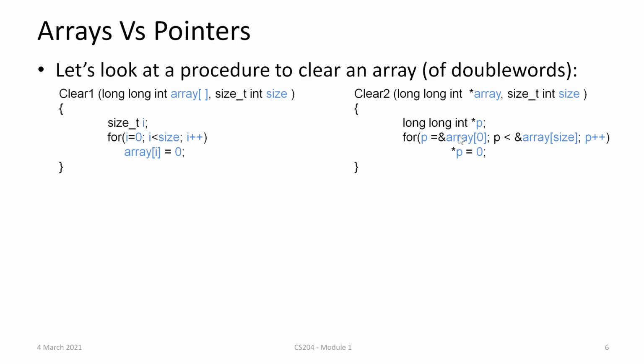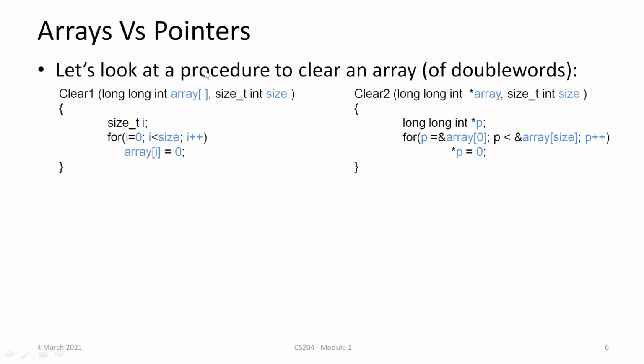Again, we are still looping, but here the iterator variable is the pointer. p is initialized with the starting address of the array, and we increment p till we reach the address of the last element of this array, and we use this pointer to set each element to 0.